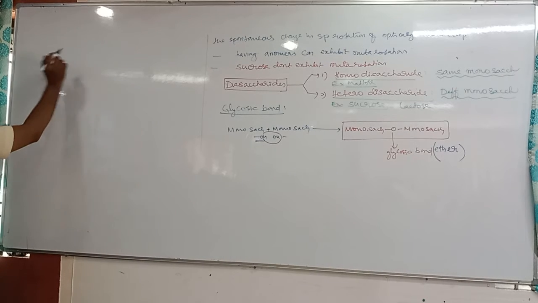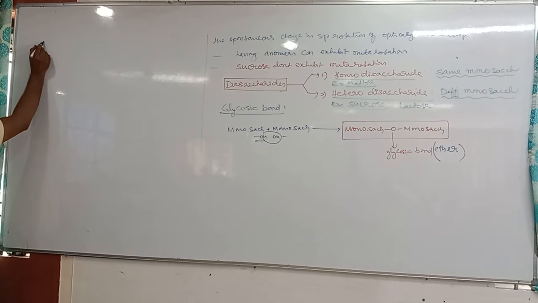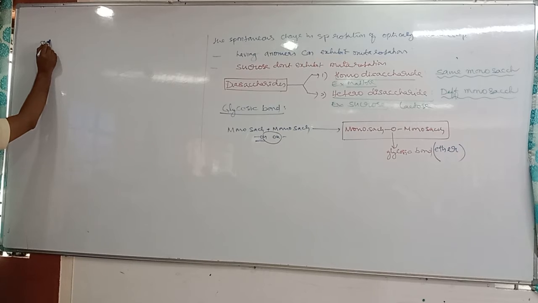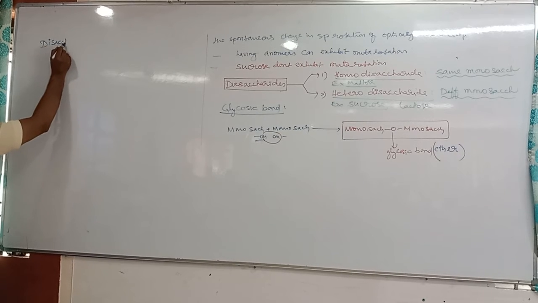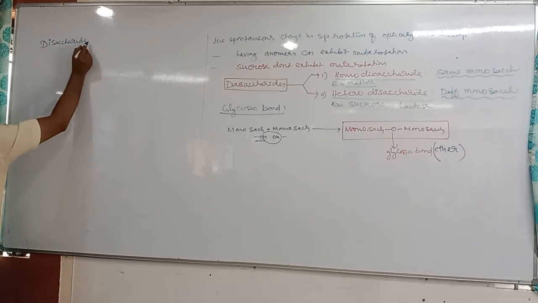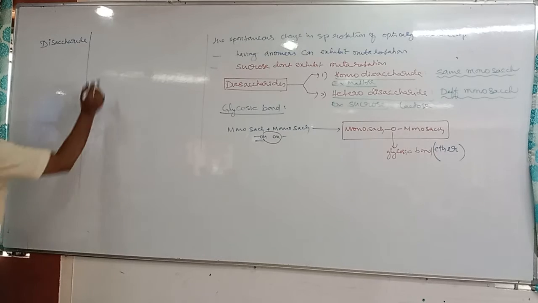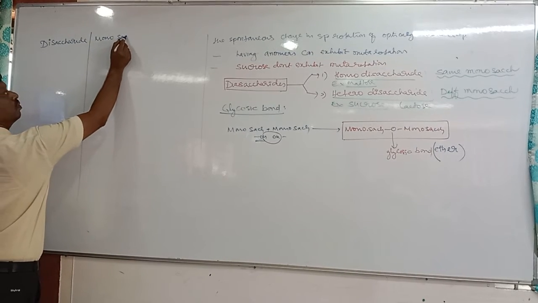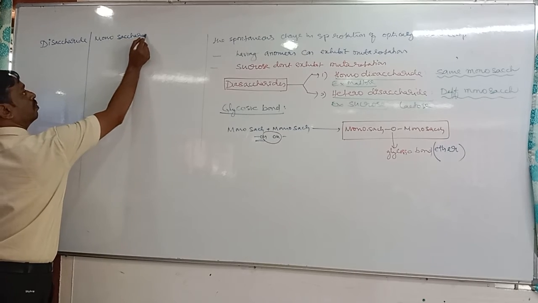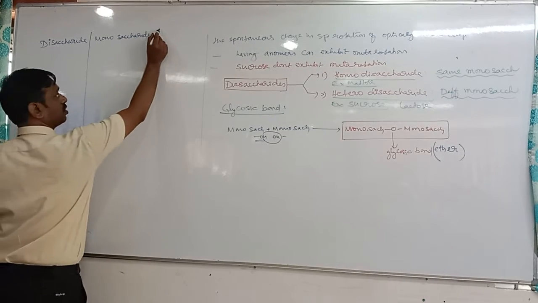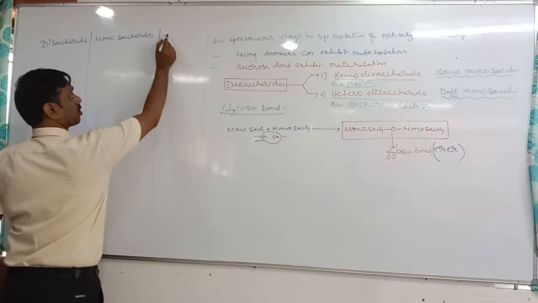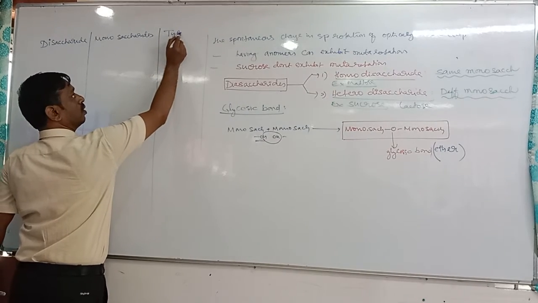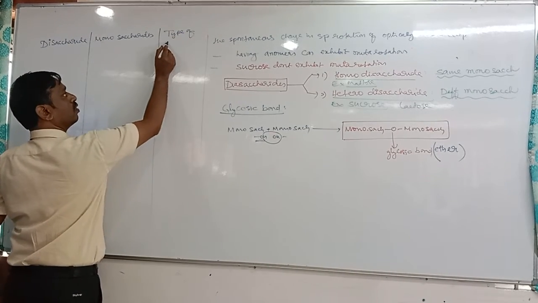Next, take this tabular column, very very important. Columns: disaccharide, monosaccharides, type of bond.